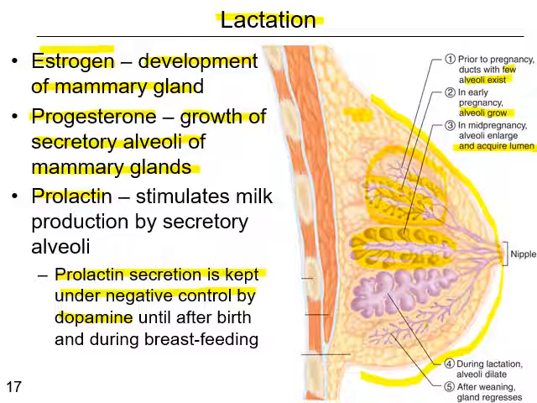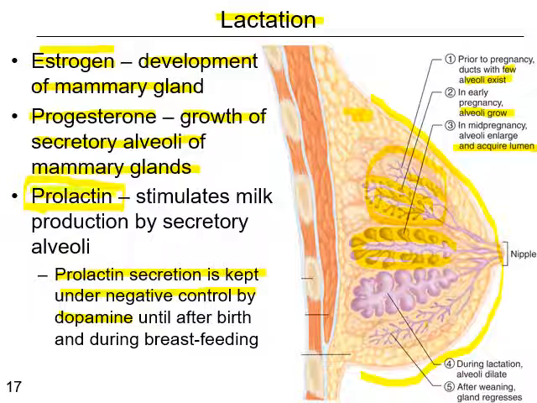But the process of breastfeeding causes a decrease in the production of dopamine by the hypothalamus. Decreased dopamine then causes increased prolactin production.